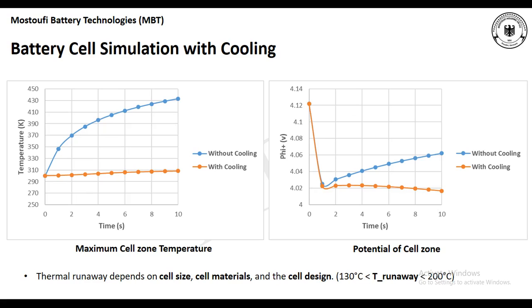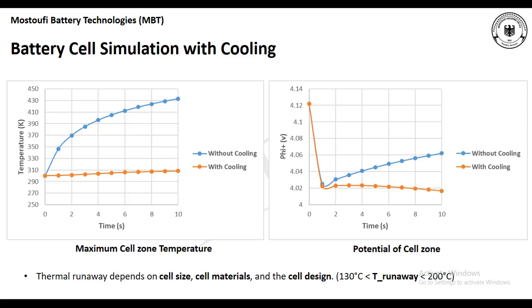So here you can see that we have achieved a very good performance with cooling channels. As you may know, the thermal runaway of a battery cell may occur between temperatures of 130 to 200. So in the case without cooling, the battery has a good potential to face this thermal runaway condition.